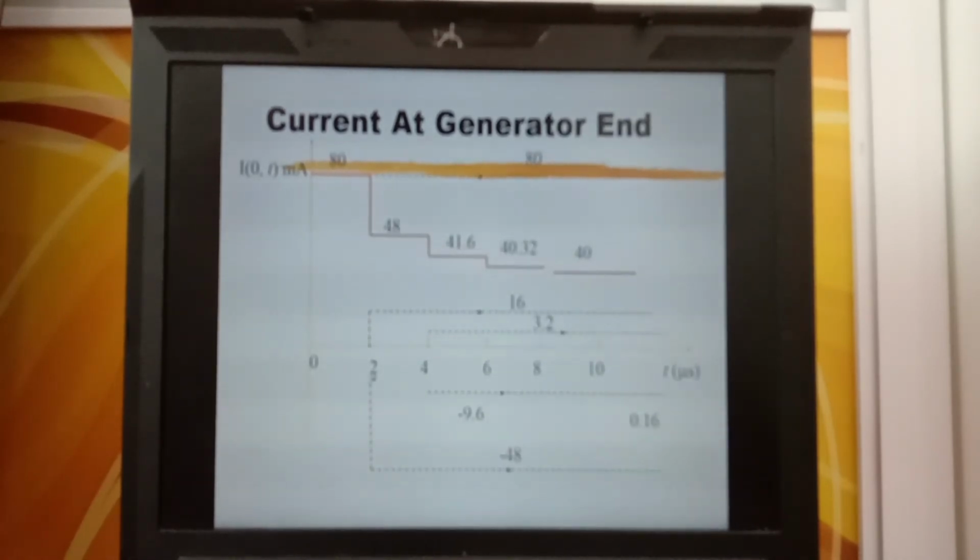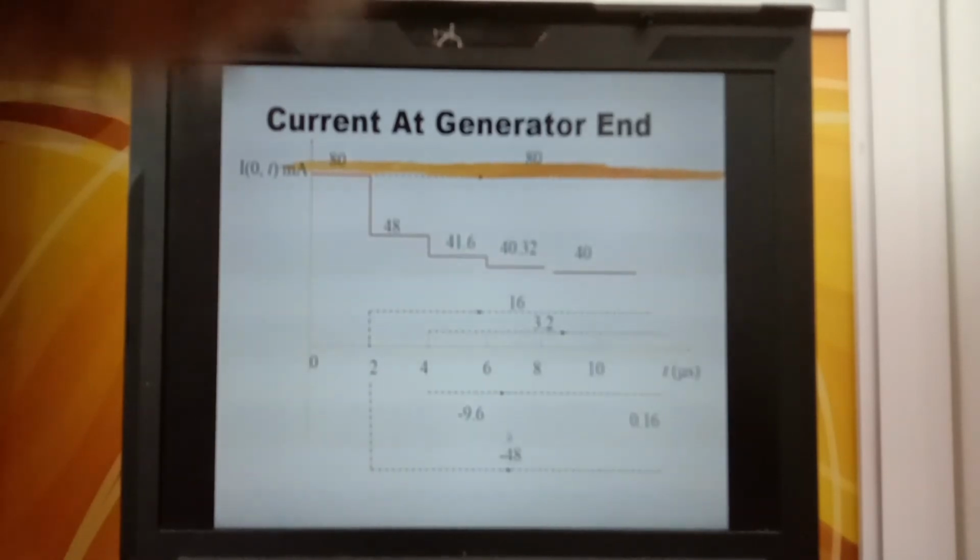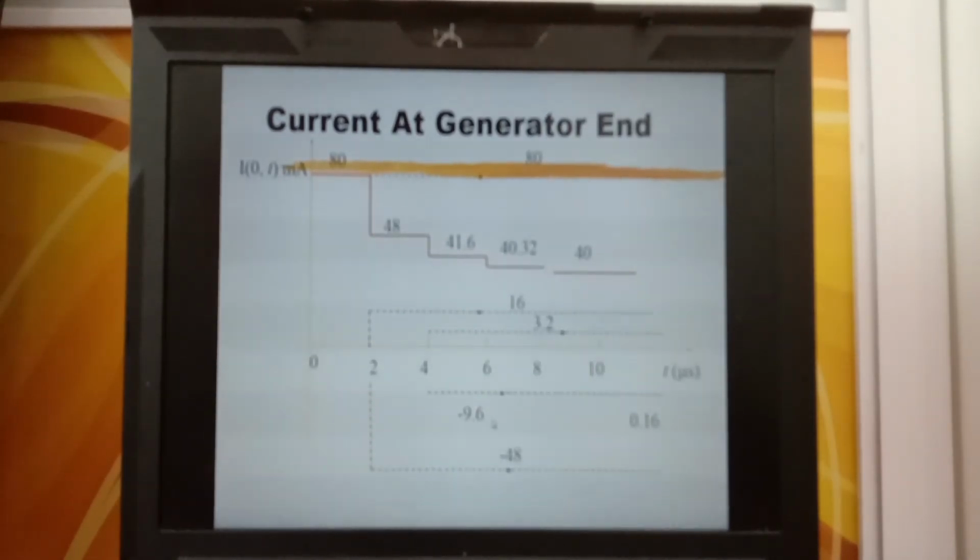We draw the current waveform as a negative transient when the current is negative 48. The same goes for the case when the current is negative 9.6 milliamp.